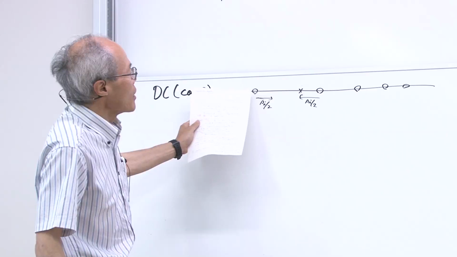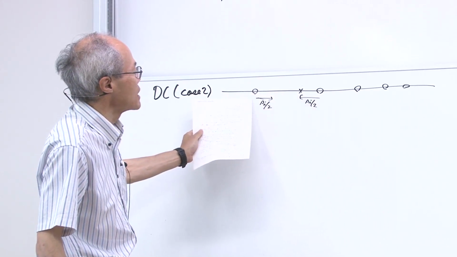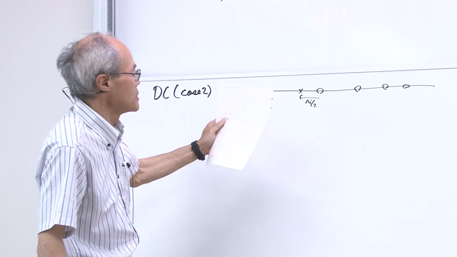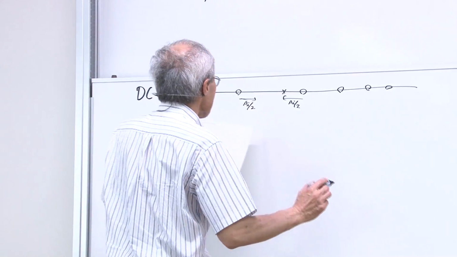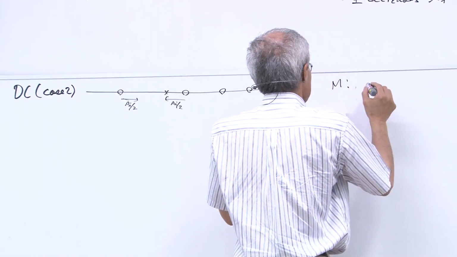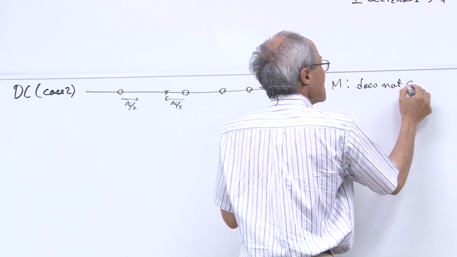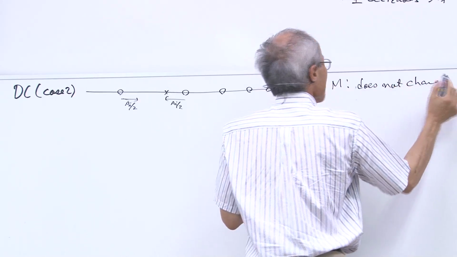That means s_i over 2 from here to here, and s_i over 2 from here to here. Then M does not change. Why?